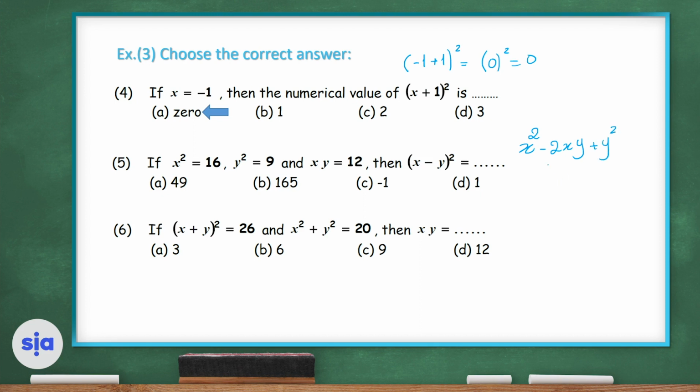Then substitute. X squared is 16 minus 2xy is 12 plus y squared is 9. If you do the calculations, 16 minus 24 plus 9, then the result is 1.